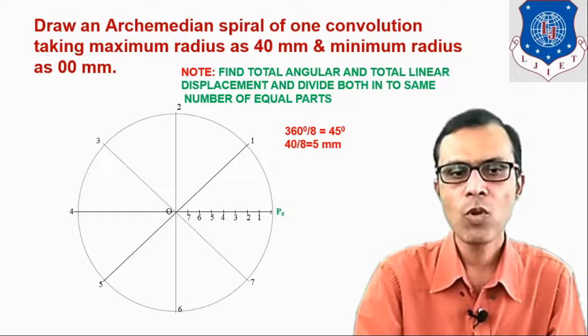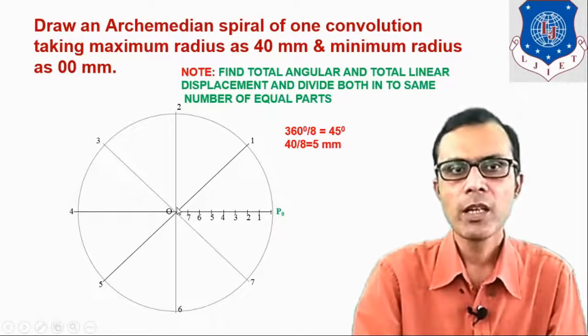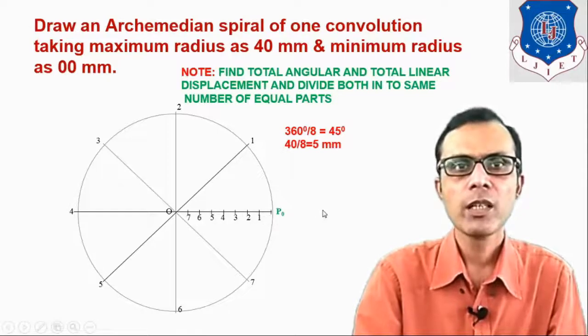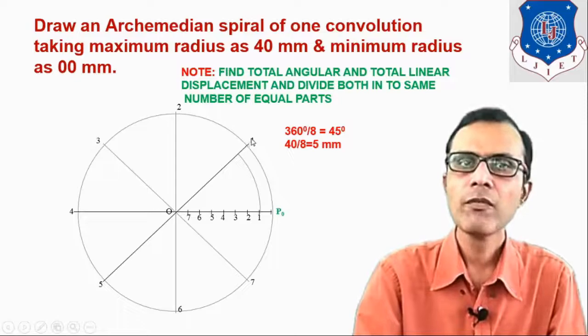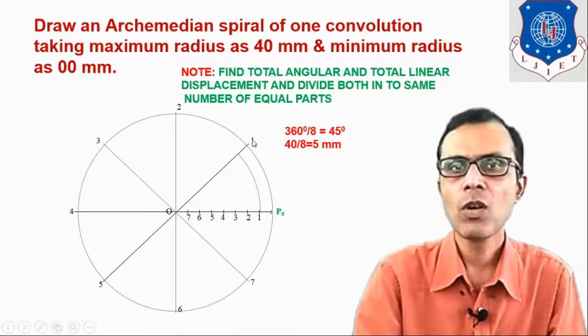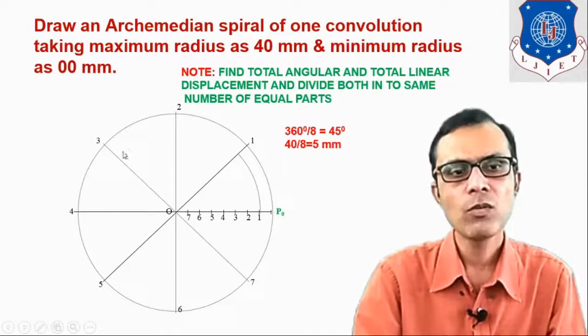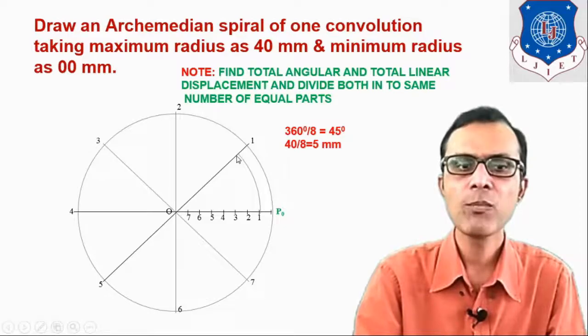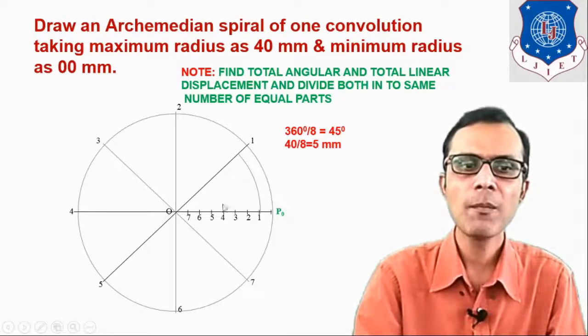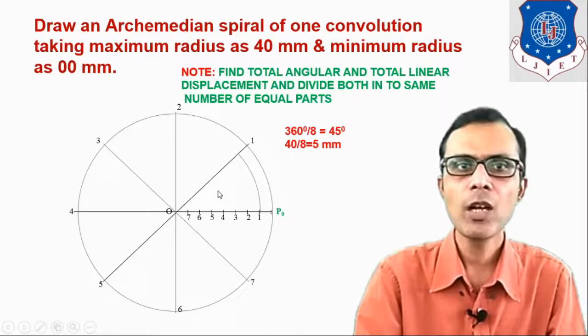So now keep O point as center, take compass size O1 and draw an intersecting arc till we get the intersecting point on O1. O1, O2, O3, all these are the different positions of the link. So here is the position when link completes 45-degree angular movement.